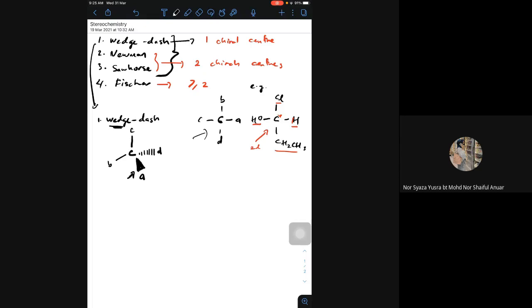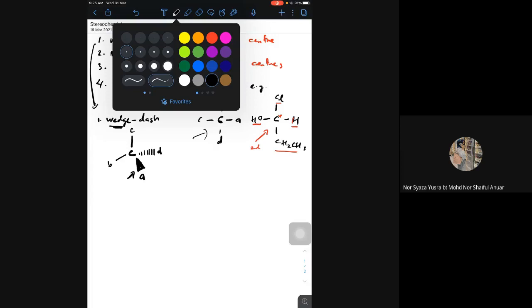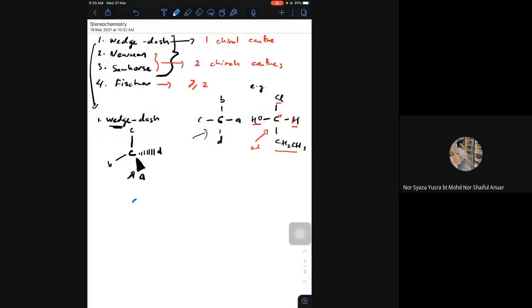It is the same even if you draw it in the opposite direction. Let's say you don't want to draw it on the right side. You can draw the carbon in the middle. Always start with the stick lines first.